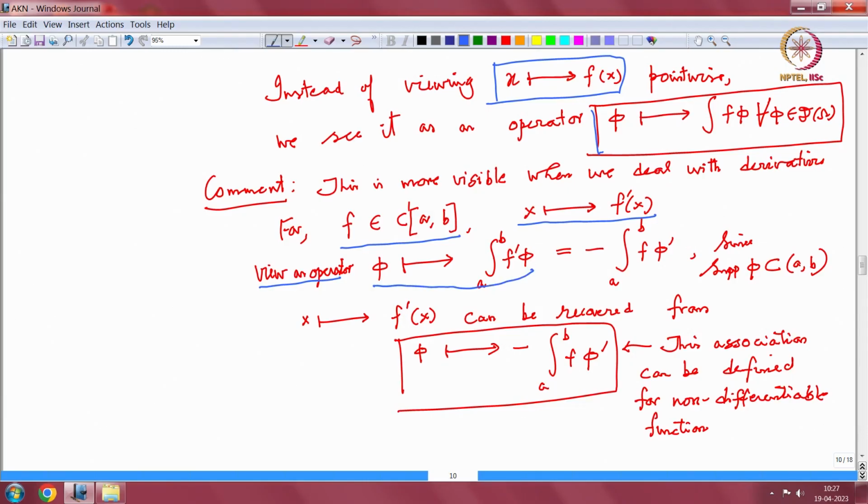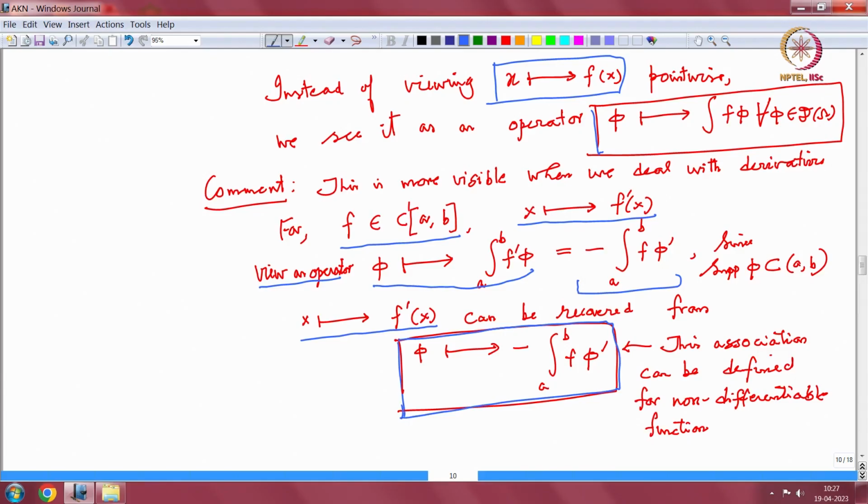Since phi has compact support and is also smooth, we do an integration by parts, and the boundary terms do not appear. So, the pointwise association x going to f prime of x can be recovered from this, and this association can be defined even for a non-differentiable function.